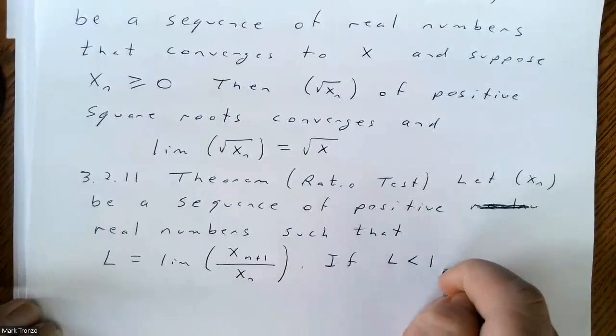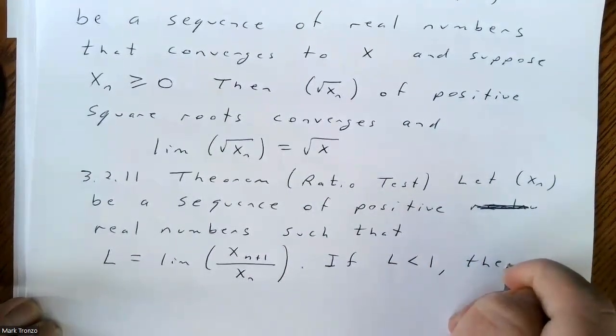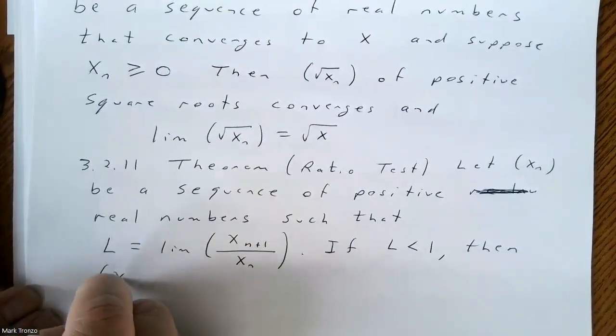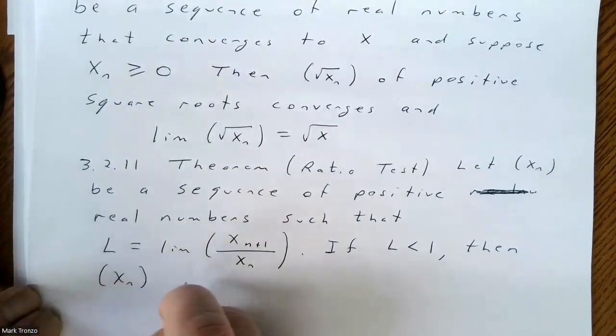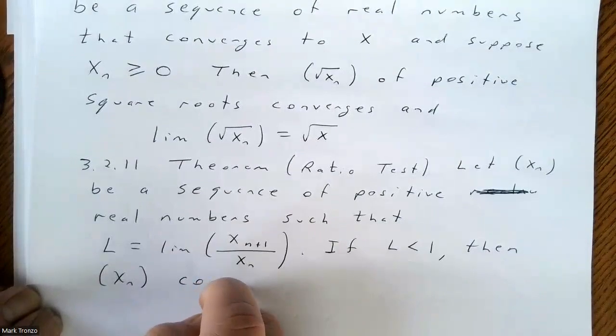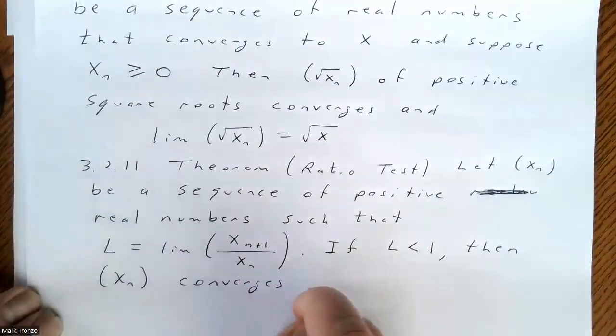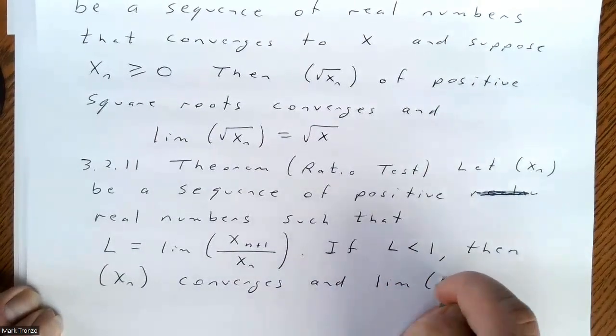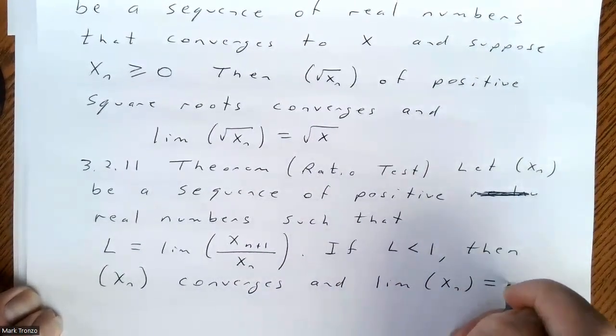If L is less than 1, then Xn converges and the limit of Xn is 0.